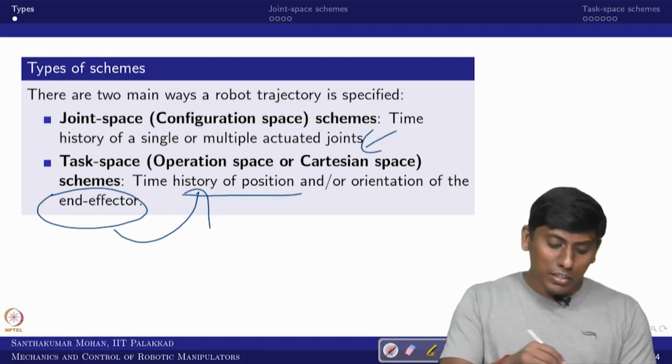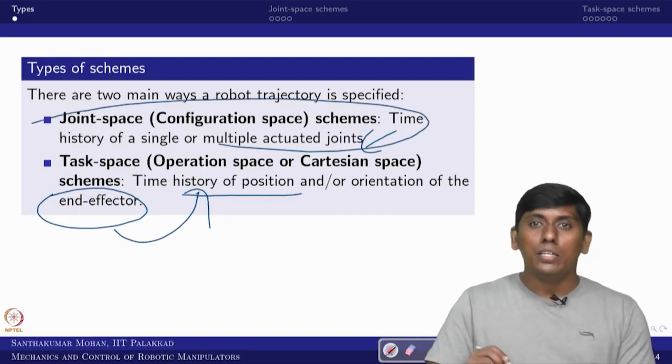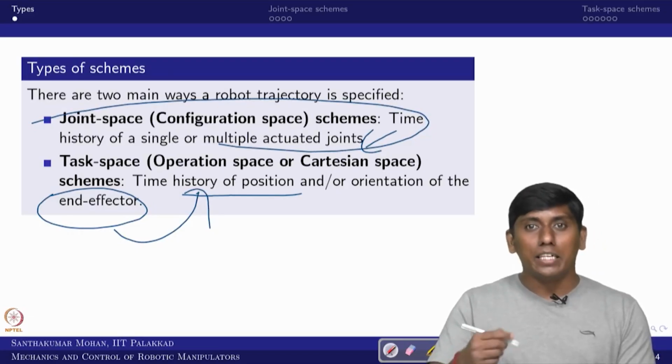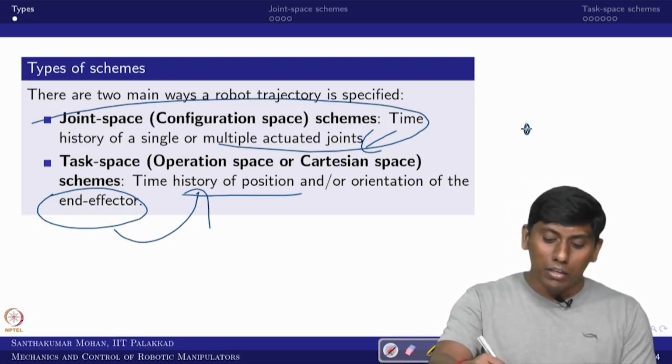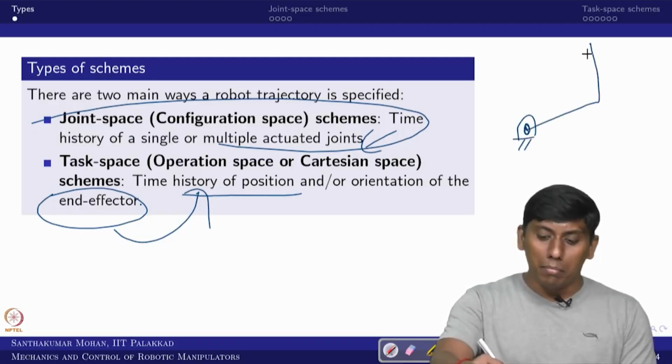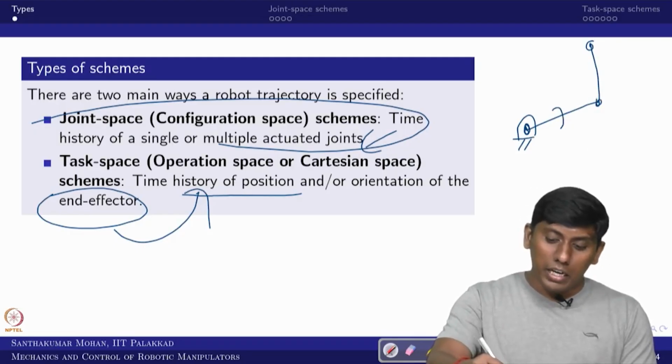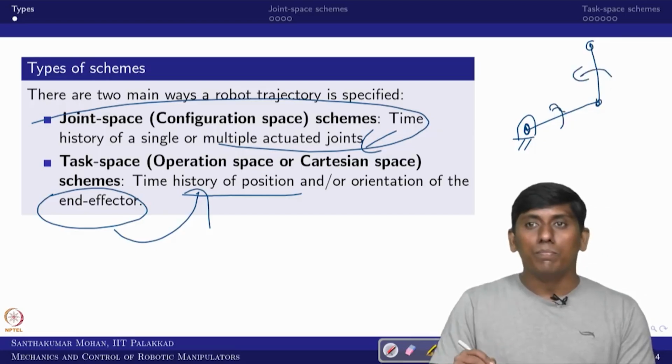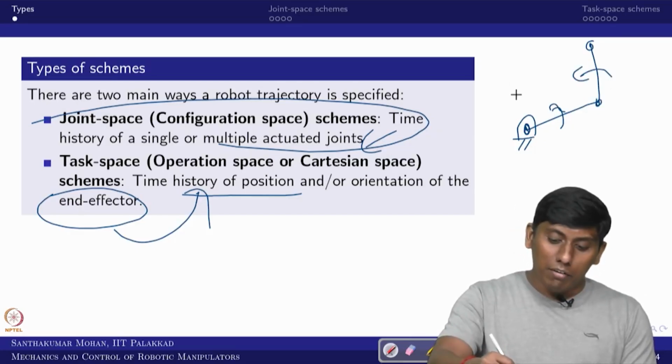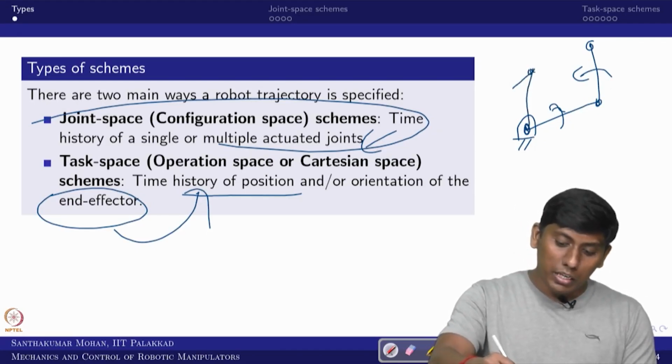We will first talk about the joint space scheme. Even the joint space scheme can be done in two ways. One is sequential, in the sense of series actuated joints. For example, this is a simple serial 2R manipulator. First I rotate this joint, then I rotate this one.